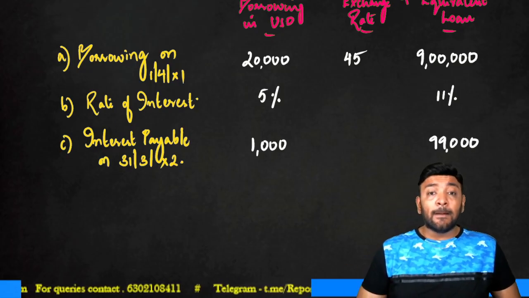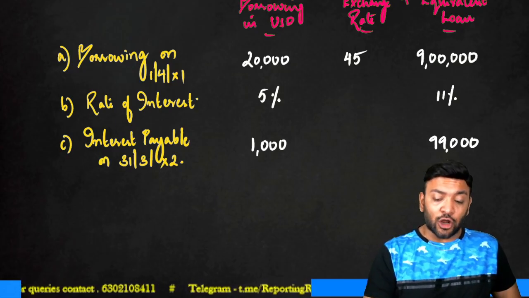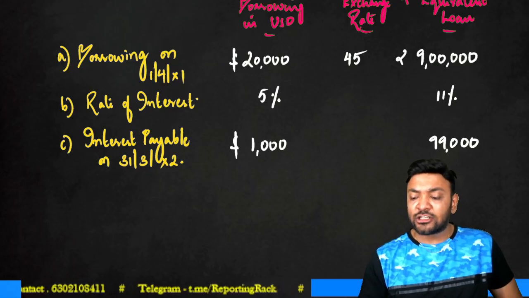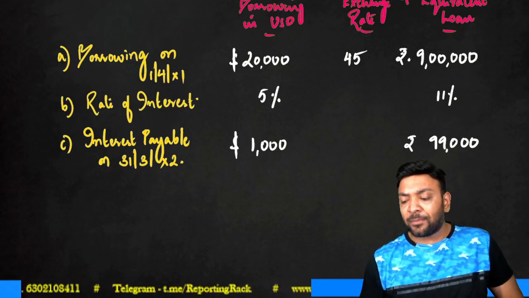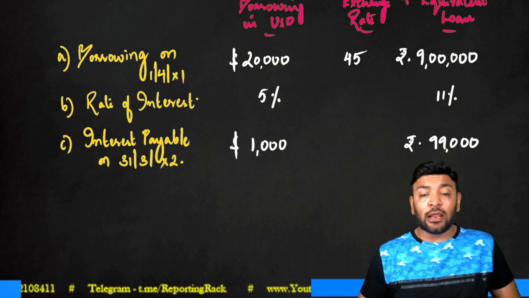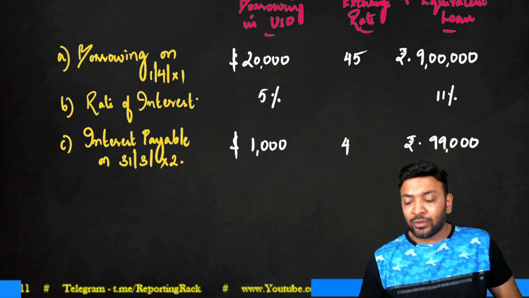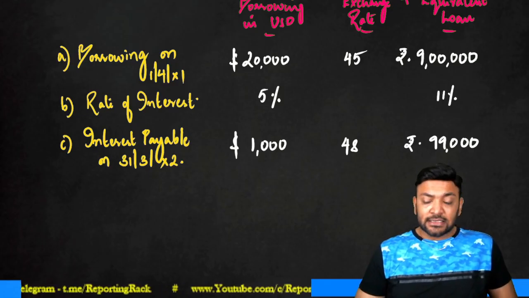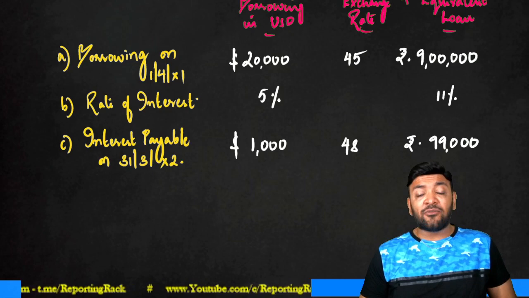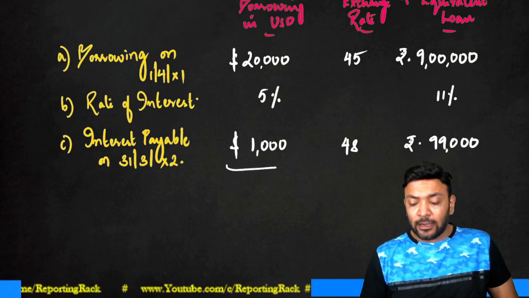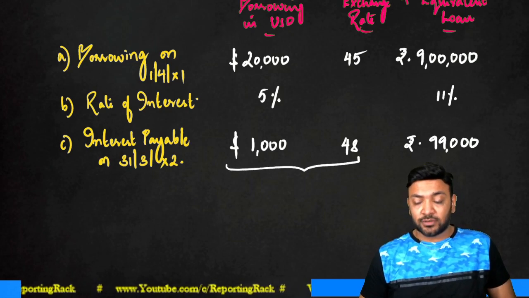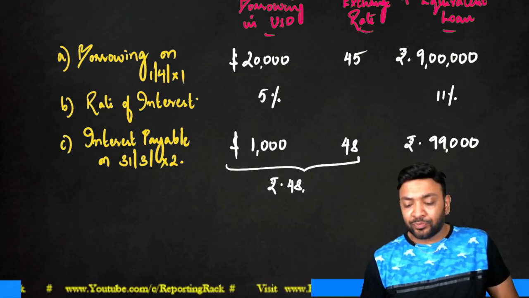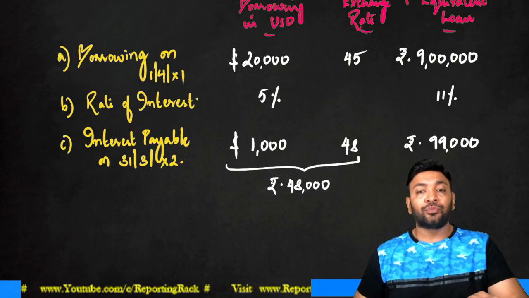Agreed? But this borrowing interest is in dollars, correct? While this is in INR, which is rupee terms, not comparable. So convert it into rupees at the exchange rate on the date, at 48. Since it is at 48, you can identify the amount of interest paid in INR terms. I pay an interest of 48,000 for the dollar loan.